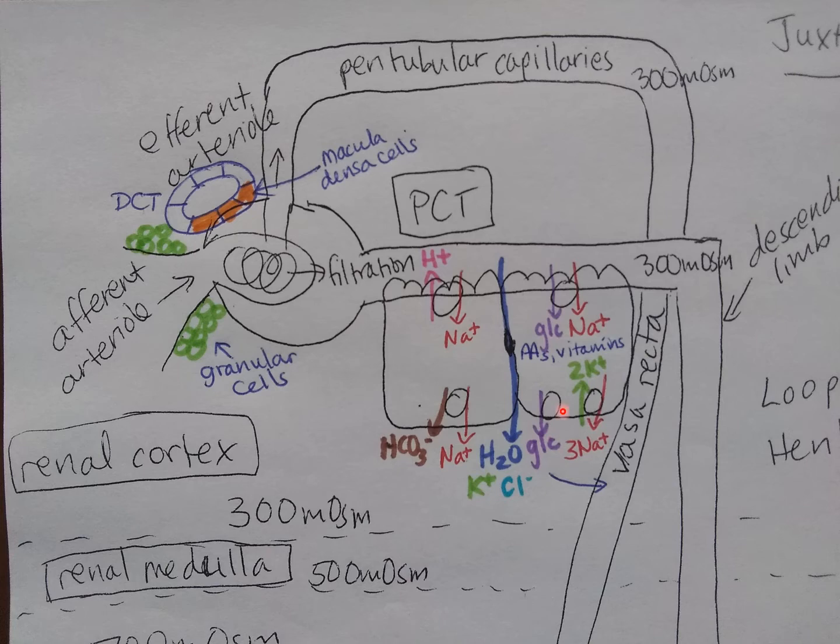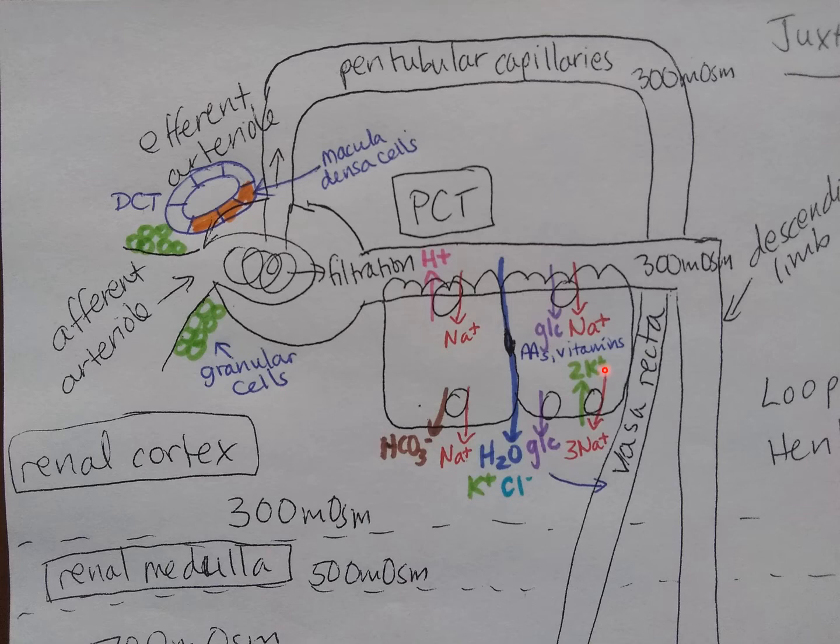So on the basolateral membrane of the proximal convoluted tubule, we have our sodium-potassium pump. So remember, we're going to be pumping 3 sodium out and 2 potassium into the cell. And remember, this is primary active transport. So we're directly using ATP. I didn't draw the ATP in here just because I didn't have a lot of room.